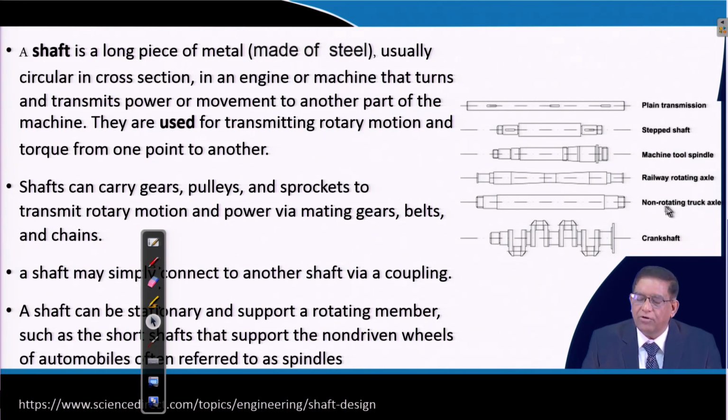You can see a non-rotating track axle, where this member will not be rotating, but the wheel connected to it will be rotating, as you can see in trucks or tractors. And this is an engine crankshaft, where the engine cylinder blocks are mounted, and the translatory motion is converted to rotary motion.